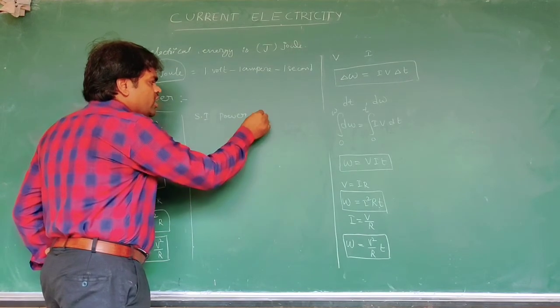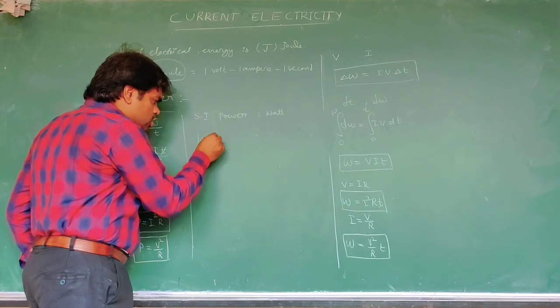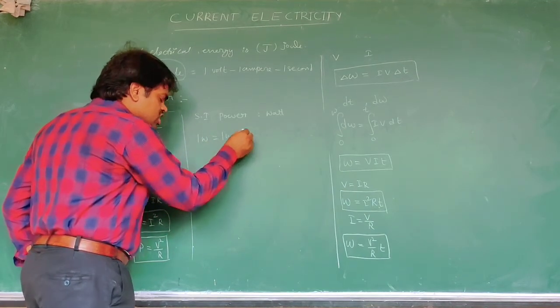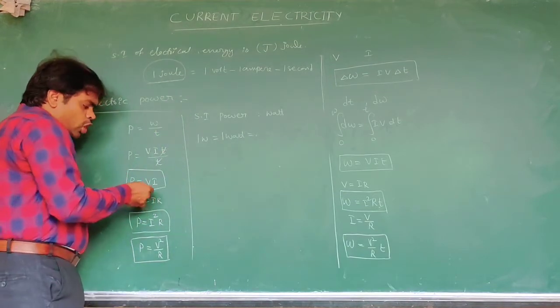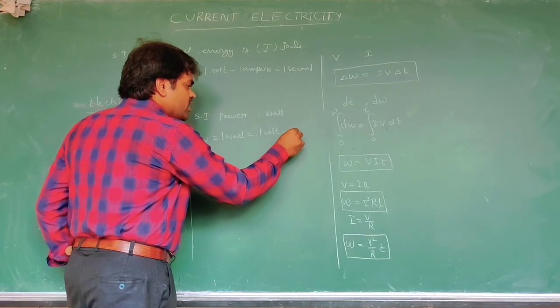The SI unit of power is watt. That is 1 watt is equal to 1 volt ampere.